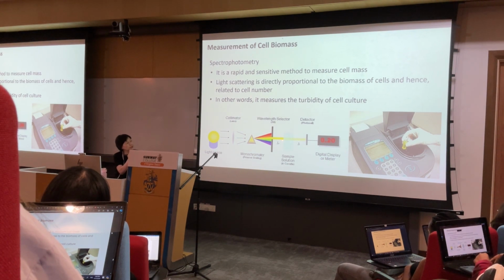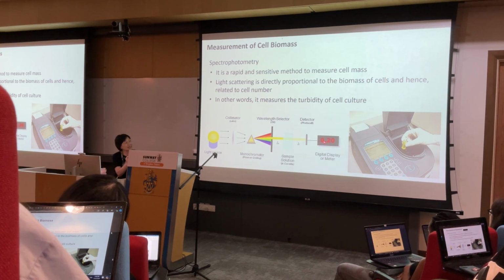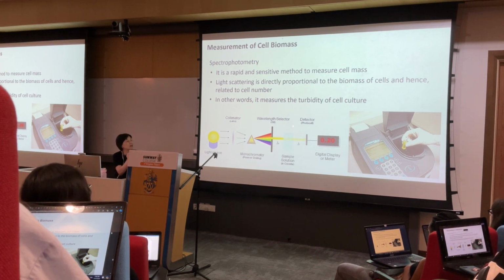First of all you need to put a control, a reference. The reference is just the medium without any cells. So this reference must be 0 because there are no cells. The light easily passes through because there are no cells inside the medium. So you make it as a reference, meaning that it's a 0. And then you add your sample to the spectrophotometer, and now you have the cell particles.